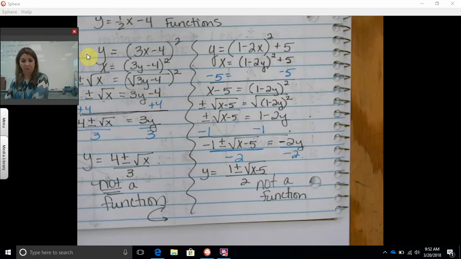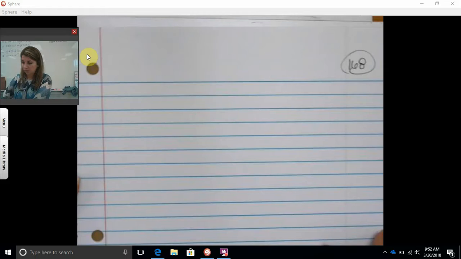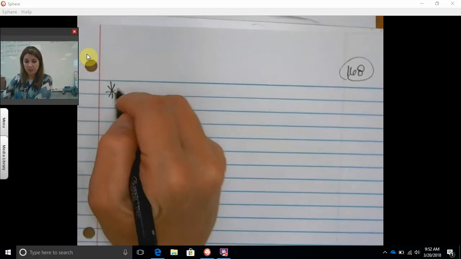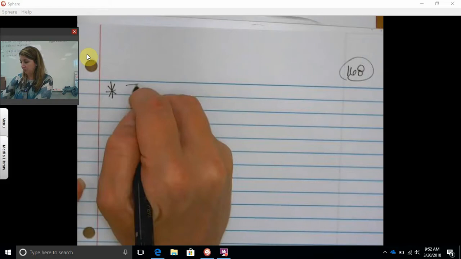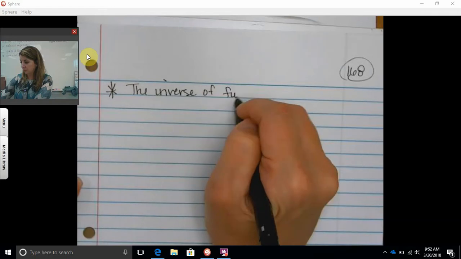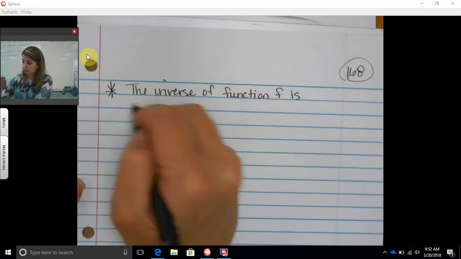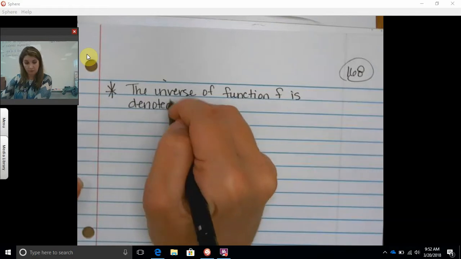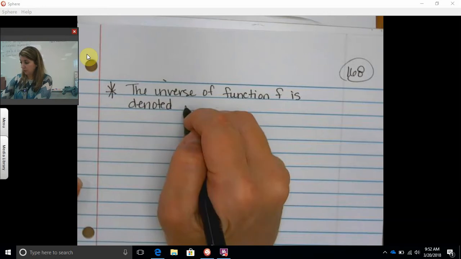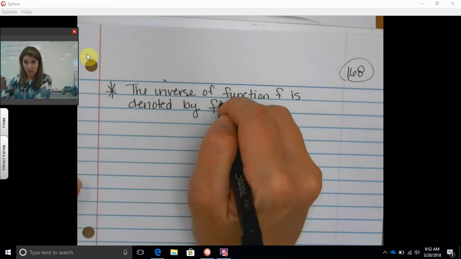All right, page 168. The inverse of function f is denoted by f raised to the negative 1, okay?